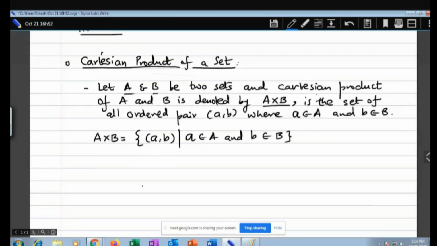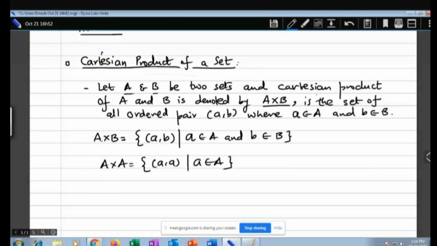If you have only one set, then A cross A is also possible. A cross A is the set of pairs where a is in A. So that can also be applicable for a single set.